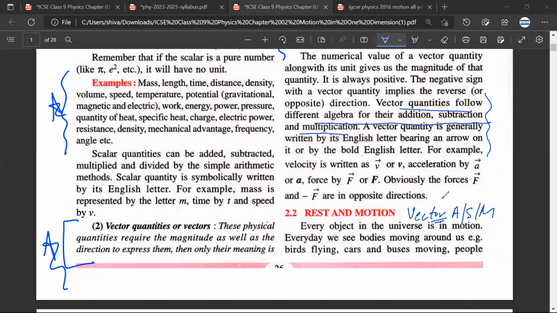When they teach you vectors in maths, you'll understand that the operations used for vectors are completely different. And how this becomes crucial in physics is that we need to understand whether the quantity we are dealing with is a vector quantity or a scalar quantity. Slowly, once you start doing more and more physics, you'll understand.